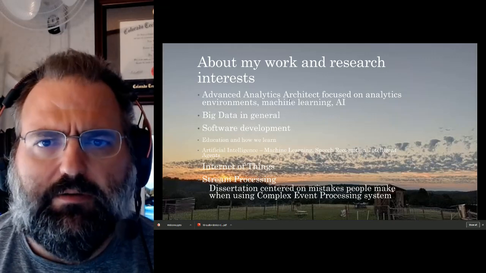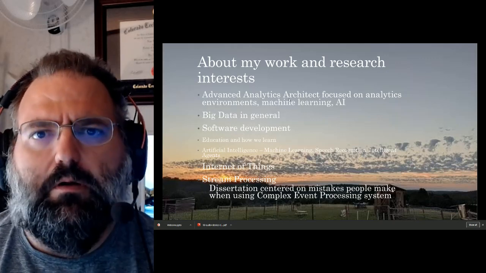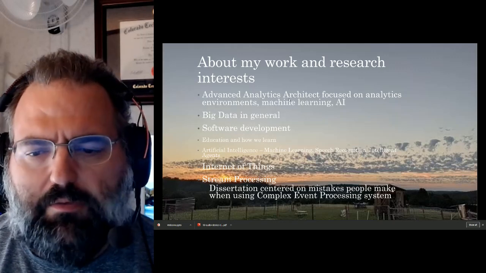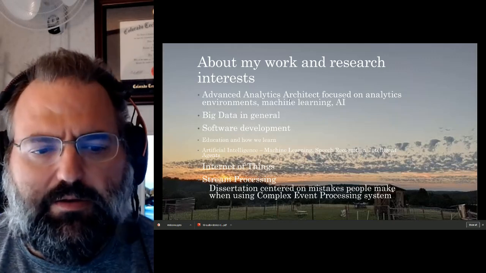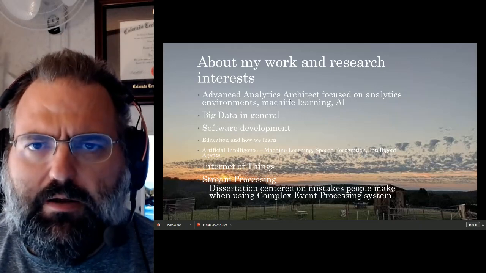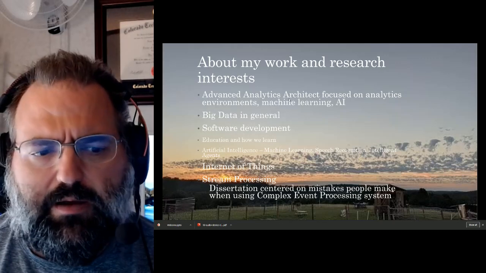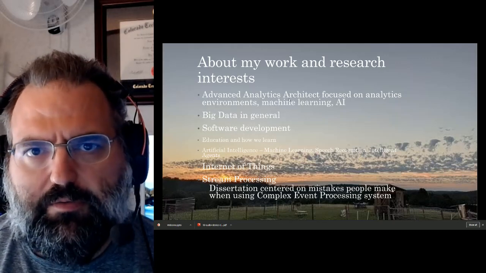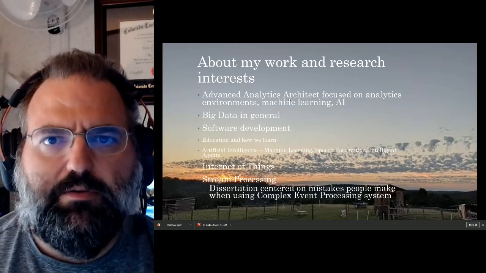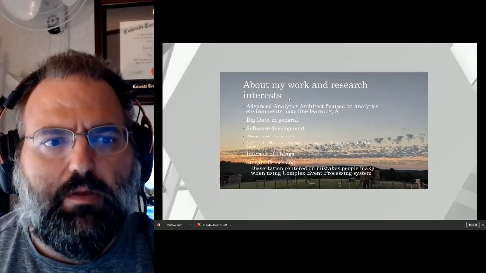Also focus on things like software development, how can we do it better, education, how do we learn and how can we learn better, all things artificial intelligence, including machine learning, speech recognition, intelligent agents, and so on. Internet of Things is a recurring theme as well. And stream processing kind of relates to Internet of Things, and my dissertation actually centered on the application of stream processing and how people make mistakes whenever they're writing those rules that govern a stream processing system.